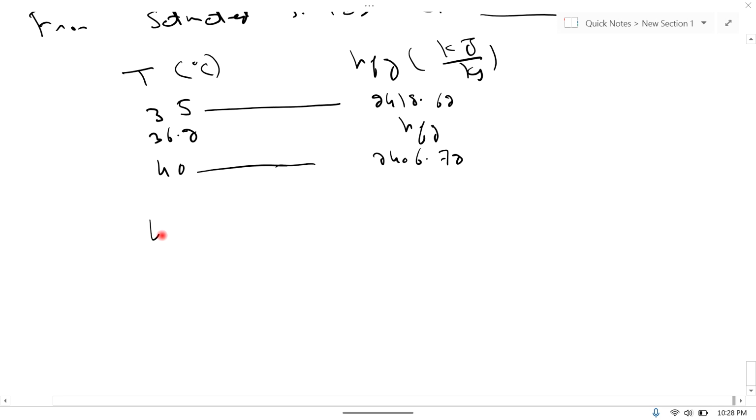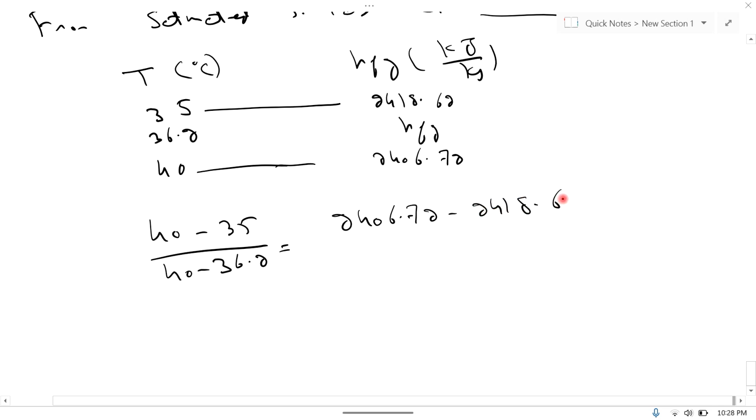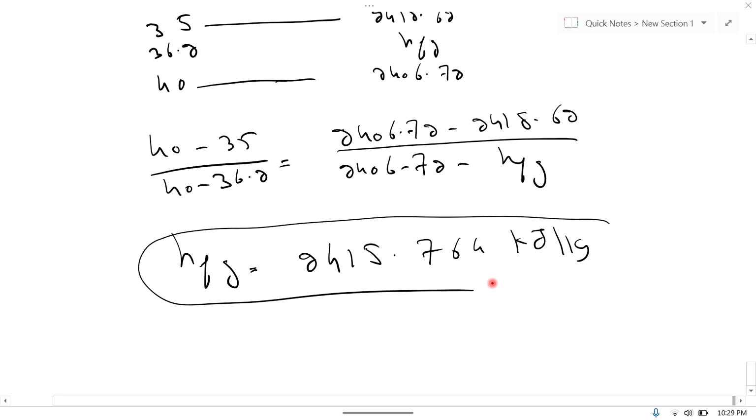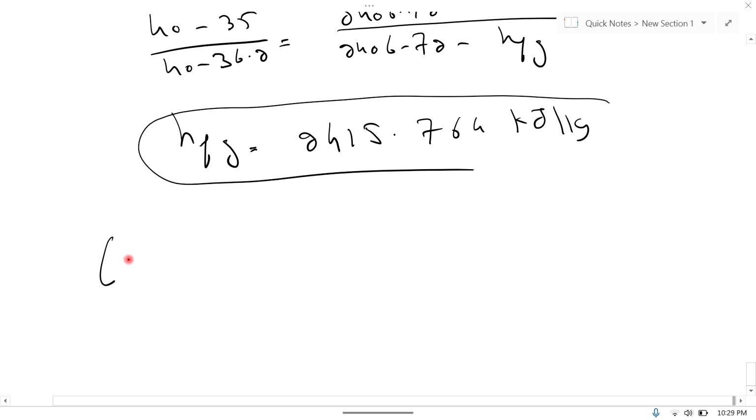So by interpolation, third value minus first value divided by second value minus first value is equal to third value minus first value divided by third value minus second value. So from here hfg is equal to, calculate this, so hfg is equal to 2415.764 kilojoule per kilogram.